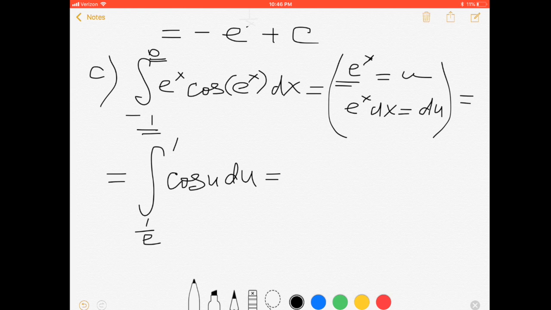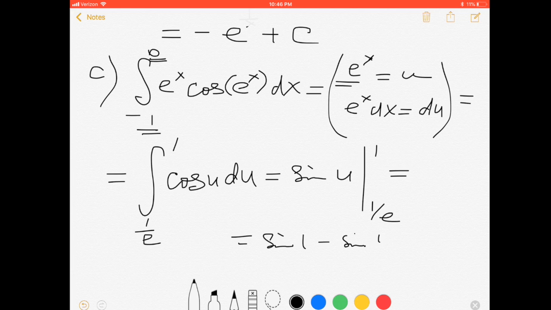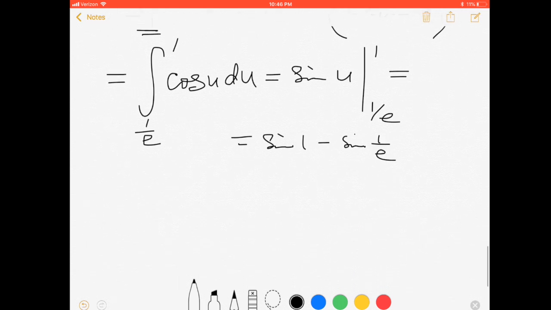The integral of cosine is sine u, and u changes from 1 over e to 1. It will be sine 1 minus sine of 1 over e. You can use your calculator to evaluate, but I think it's good enough.